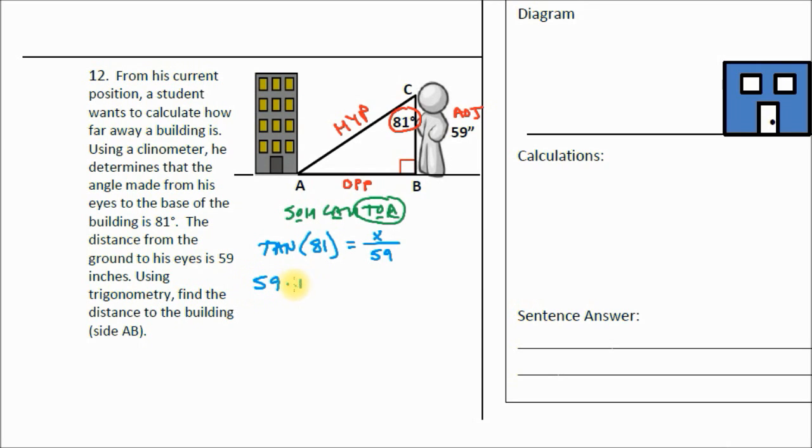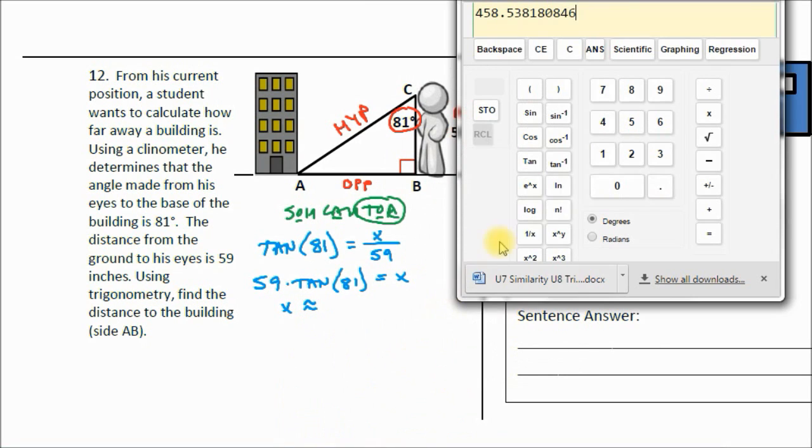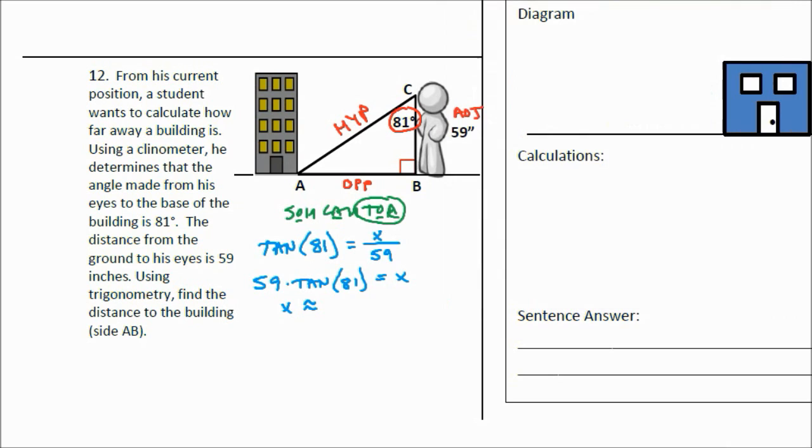That moves the 59 to the other side. 59 times tangent of 81 is equal to our unknown. And our unknown is going to be, let's check this out, 59 times tangent of 81 degrees equals 372.51, so 372.5. And our unit of measure is inches.